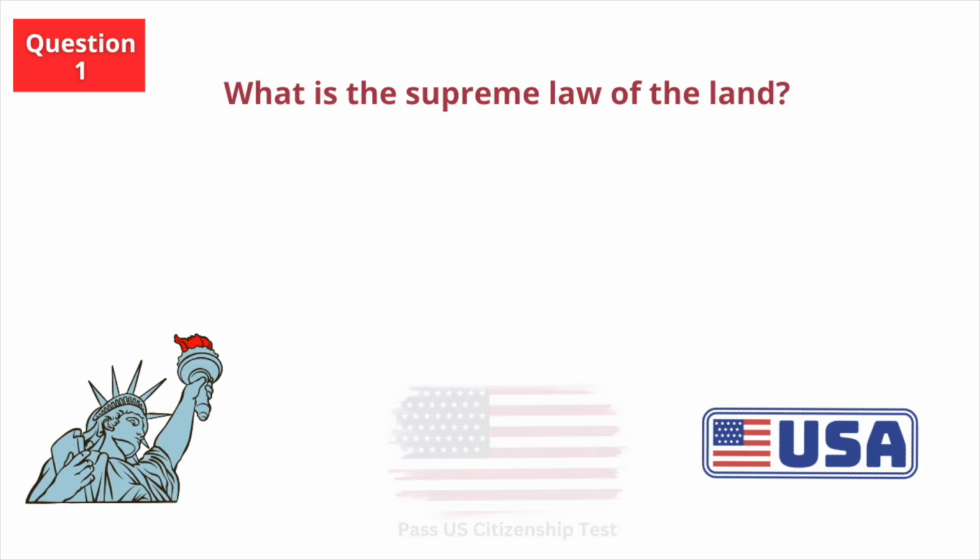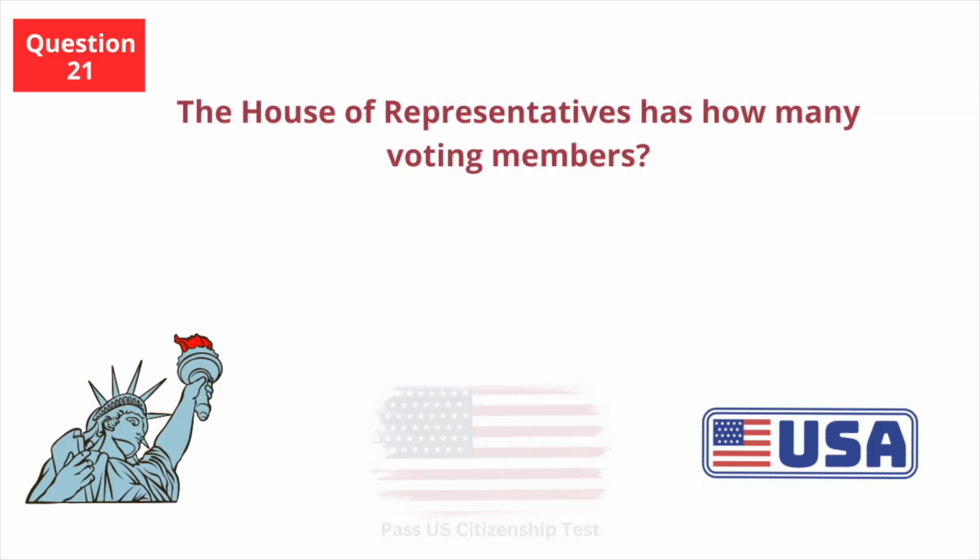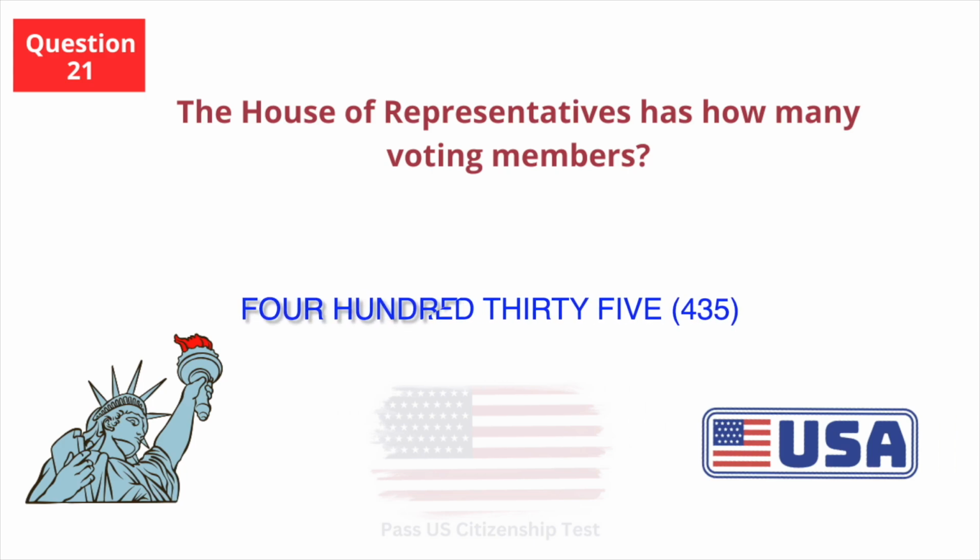What is the supreme law of the land? The Constitution. The House of Representatives has how many voting members? 435.